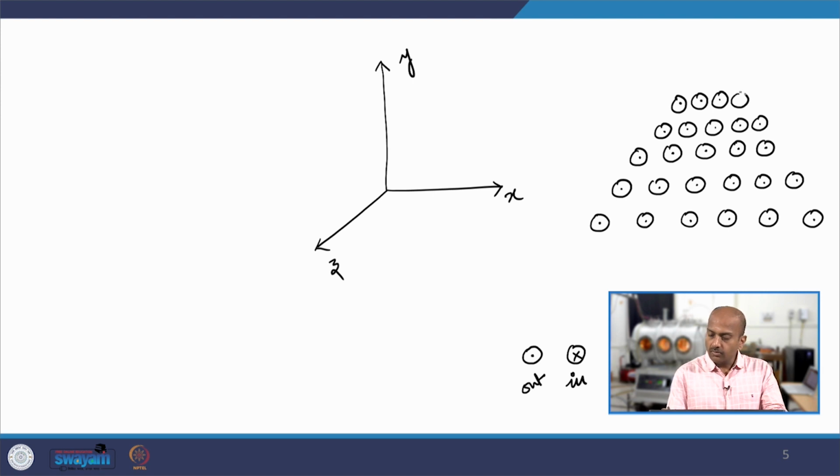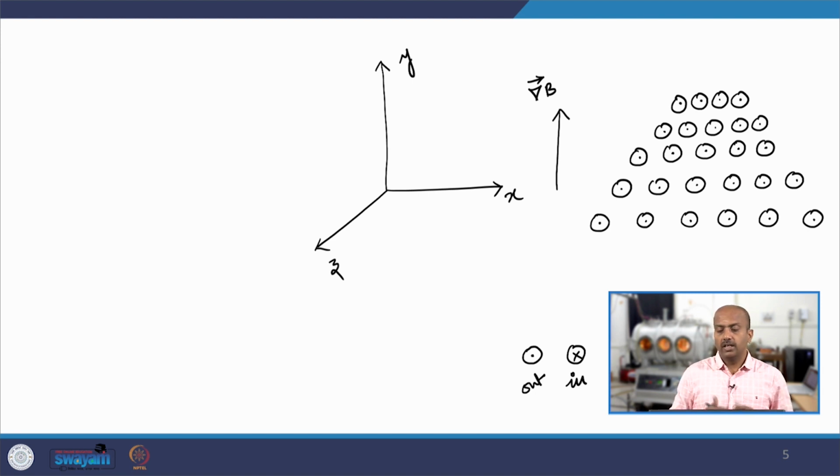So, one thing that is very clear from this figure is that the flux, or the number of flux lines coming out of the surface per unit surface area, is increasing in the positive y direction. So, this is the direction of the gradient del B. What is del B?